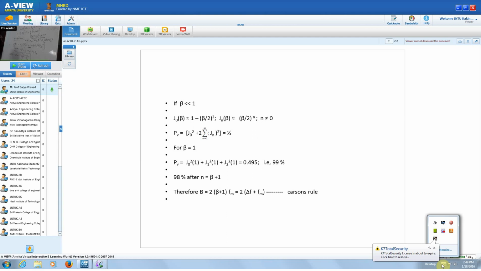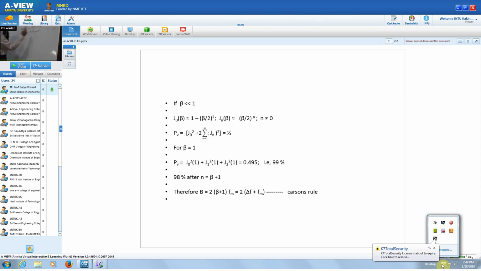So from this one we will try to get the spectrum for our FM signal. What is the spectrum of your AM? A single tone frequency, two spectral lines. But what will happen here? This is our frequency modulated signal.